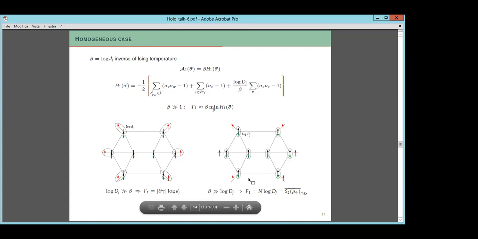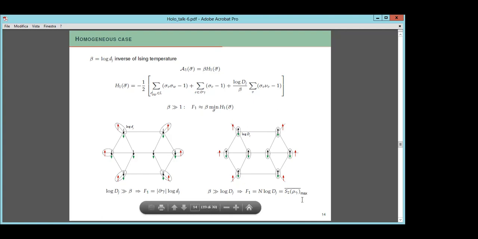In the other case, in which the strength of interaction with the boundary spins is much stronger than that with the bulk spins, the Ising spins get aligned with the boundary, and so the contribution to the entropy comes from the misalignment between Ising spins and bulk spins.